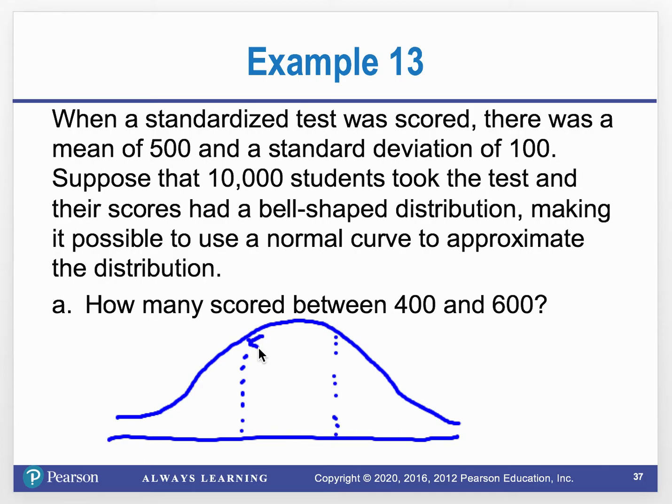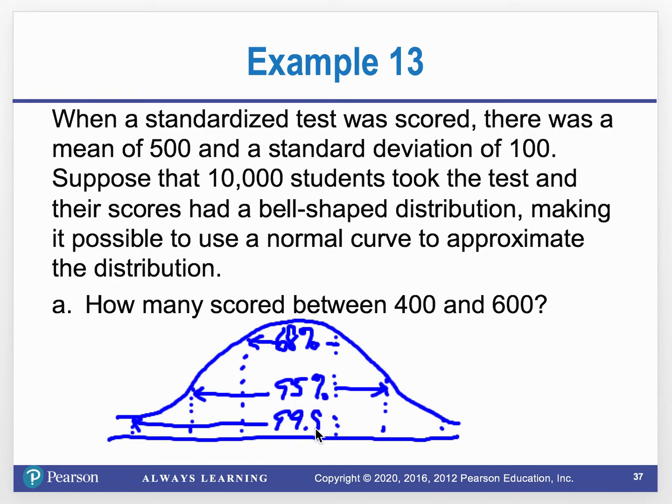In between these two numbers is 68%, in between these two numbers is 95%, and in between these two numbers is 99.7. Typically this one says 99.8, so pay attention when you start doing your homework. I know this book historically has used 99.8, but I thought I saw it changed in this version.